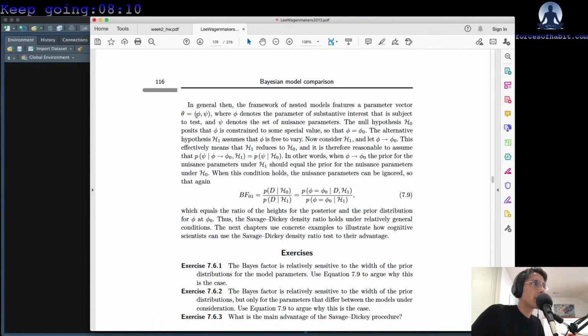Features a parameter vector where phi is some nuisance parameter, H naught posits that phi is constrained, and H1 is free to vary. So we're looking at the two models, and we change slightly one thing about each, and now considered in the limit, H1 is essentially a version of H naught.